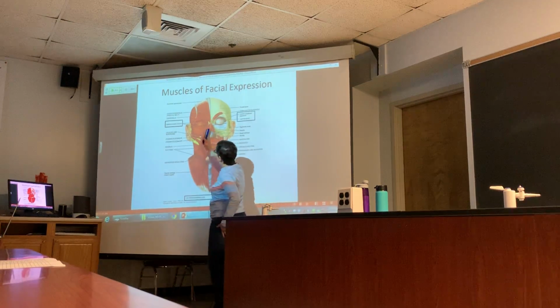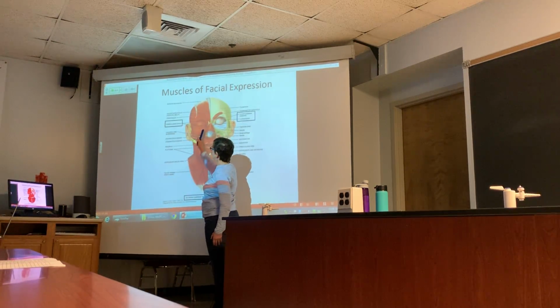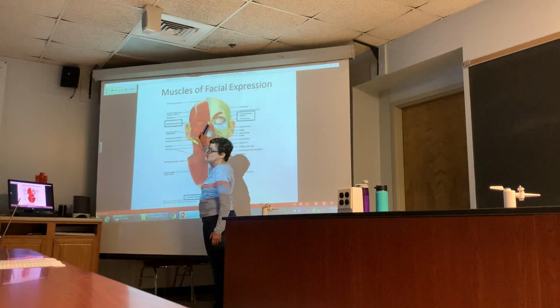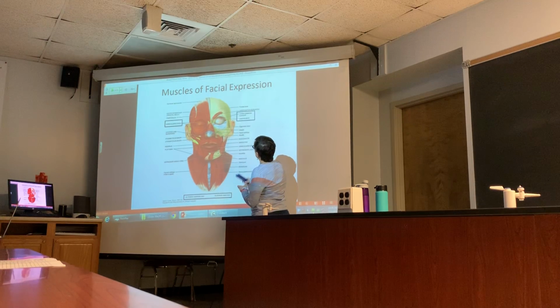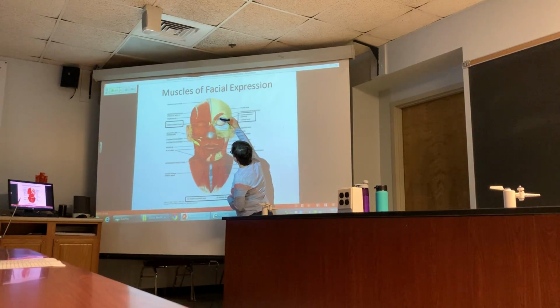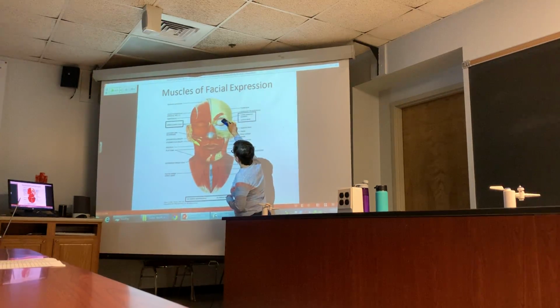Here's the orbicularis oculi on this side. This is the superficial side of the picture. And these muscles, like I said, you can activate different parts of it. You can blink the eyes, you can close them, in other words, or you can also squint with this muscle. And then over here, when you remove that, you can see a little bit of that muscle, the levator palpebrae superioris, that pulls on the eyelid and opens the eye.